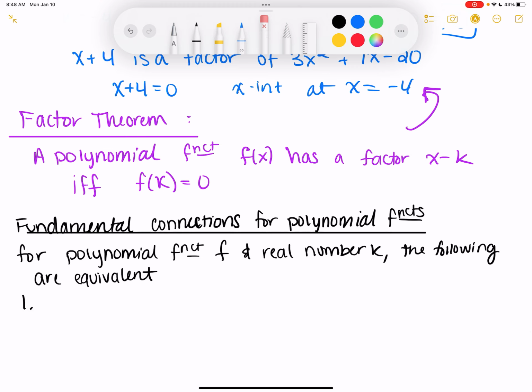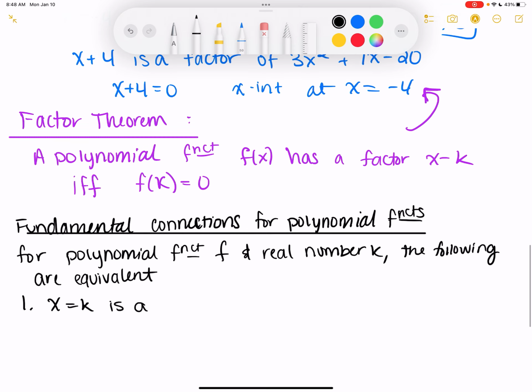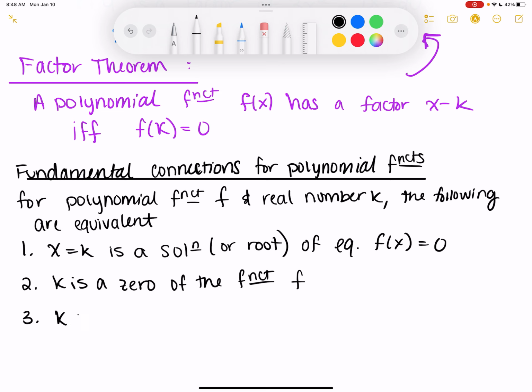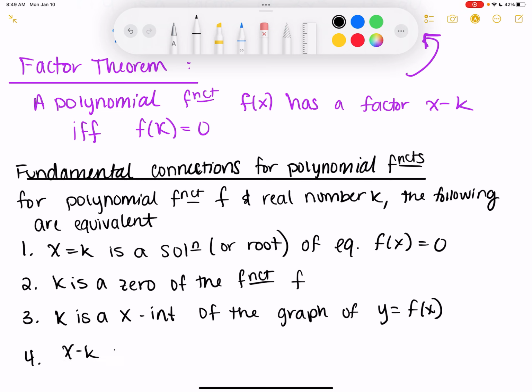First, x is equal to k is a solution or root of the equation f of x is equal to 0. 2, k is a 0 of the function f. 3, k is an x-intercept of the graph of y equals f of x. And 4, x minus k is a factor of f of x.